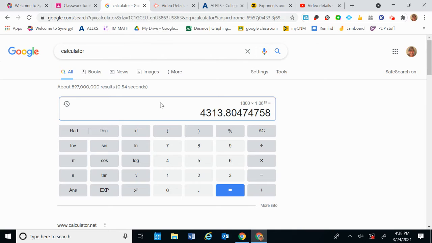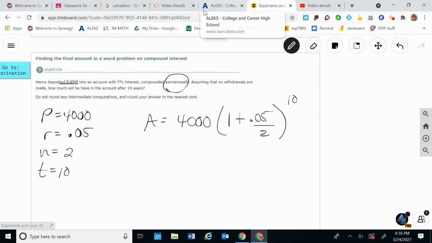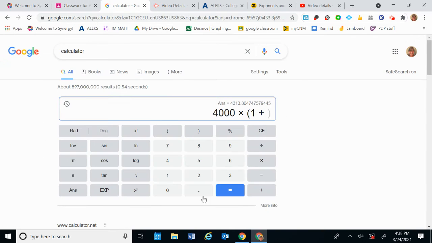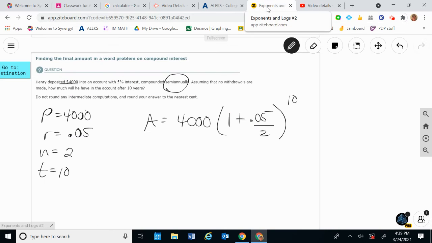So it's 4,000 times, put the parentheses, 1 plus 0.05 divided by 2. See, it knows the order of operations. It will do that first. All of that to the 10. 5,120.34. Nearest cent.